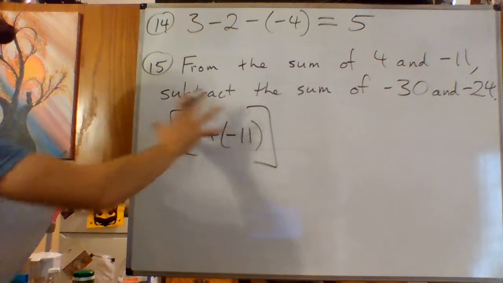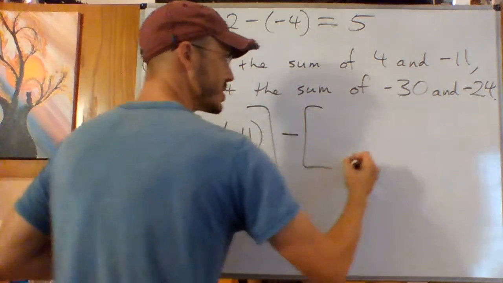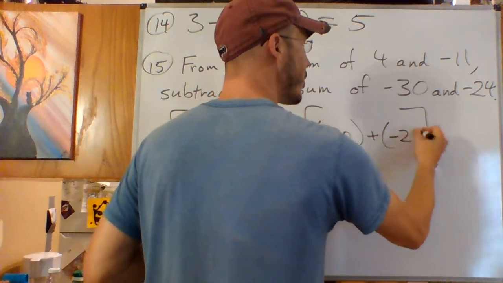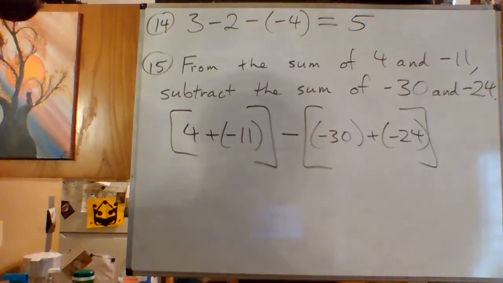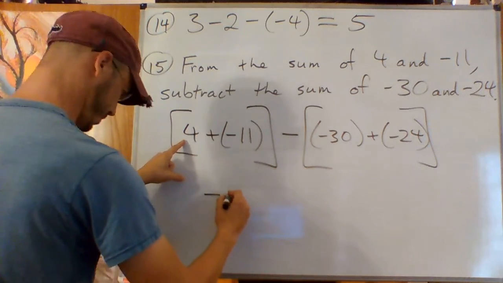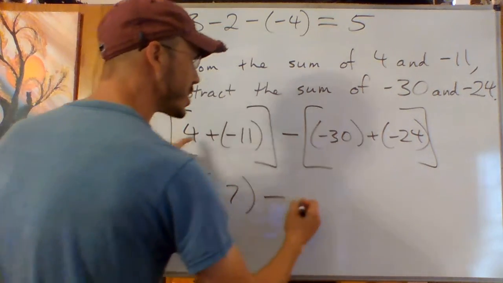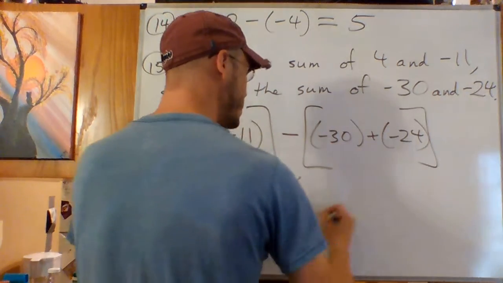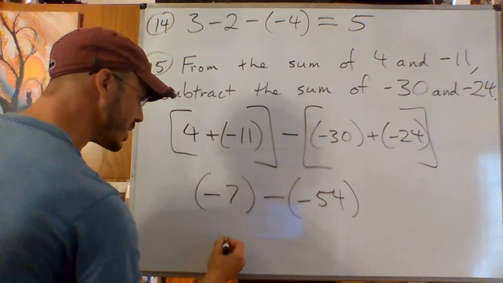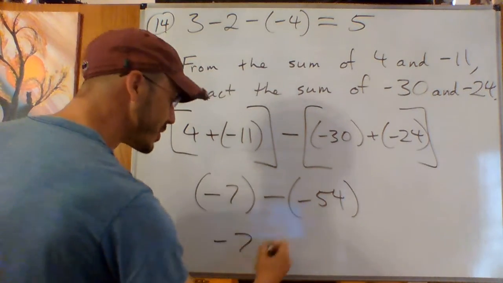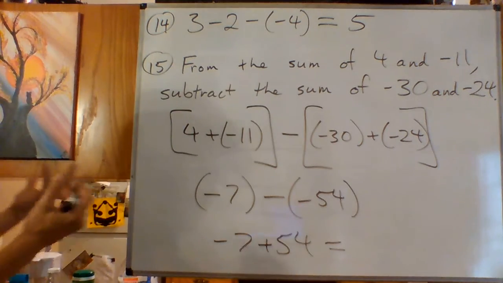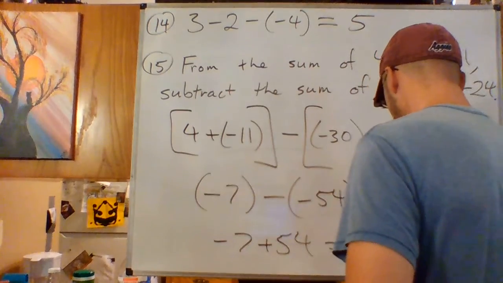That's the first thing, sum. Subtract the sum, also in brackets, of negative 30 plus negative 24. And then I want to simplify these expressions by working within the brackets. First, the sum here is negative 7. And I want to subtract the sum here, which is negative 54. So it's really negative 7 minus negative 54, which is negative 7 plus 54, which is 54 minus 7, 47.